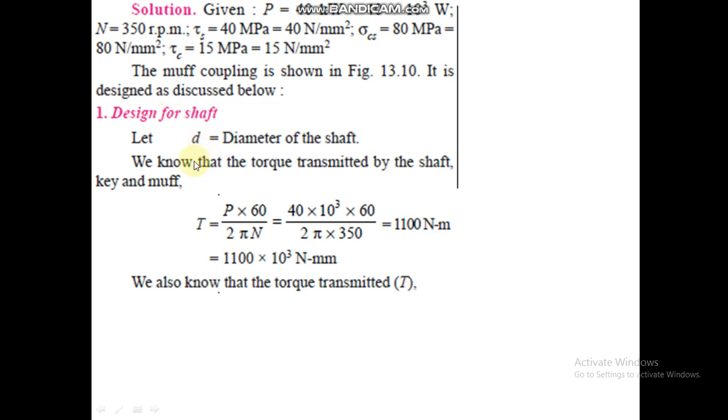How will you design the shaft? There is always a simple rule for design of shaft: you have to calculate the diameter of the shaft. First of all, you will calculate the torque, and torque is written as P into 60 by 2 pi N. Put the value of power and RPM and you will get the torque as 1100 Newton meter. Convert it into Newton mm: 1100 into 10 raised to power 3 Newton mm.